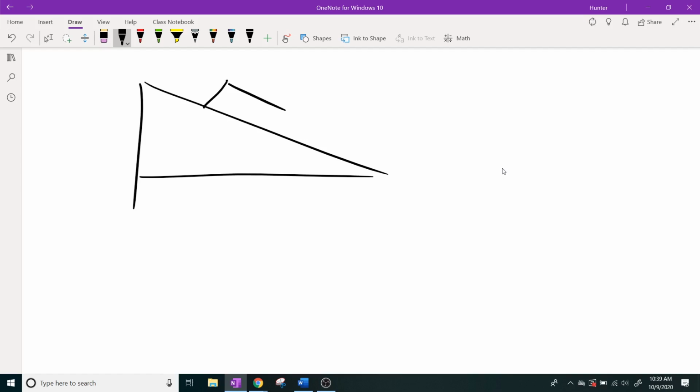So 5 kilograms, 20 degrees, but it's not moving. The acceleration down the ramp is 0 meters per second squared. It is static. It is not moving. The coefficient of friction is equal to what?